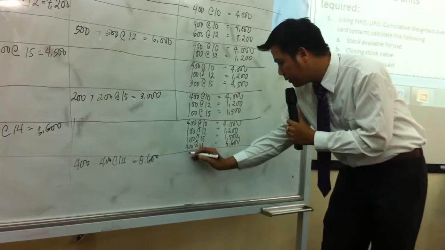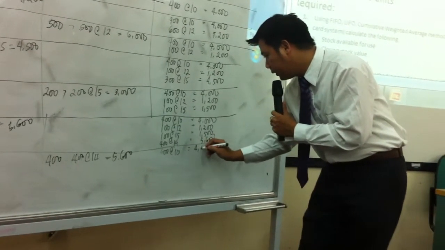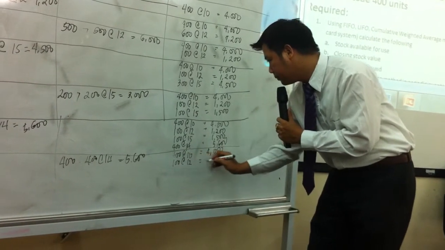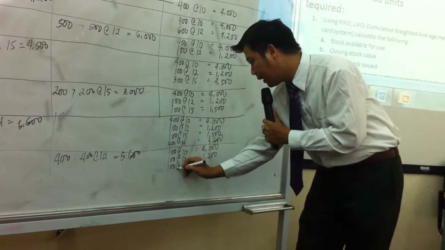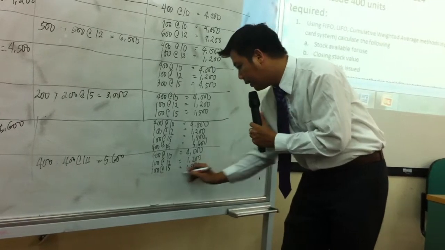So how much is left? 400 at 10, 4,000, 100 at 12, 1,200, 100 at 15, 1,500.